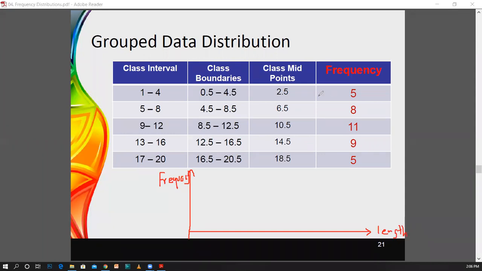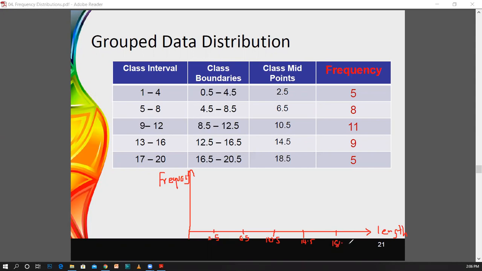If you look at this data set, you can see that the class midpoints are marked as 2.5, then the next point is 6.5, then 10.5, the next value is 14.5, and the last value is 18.5.